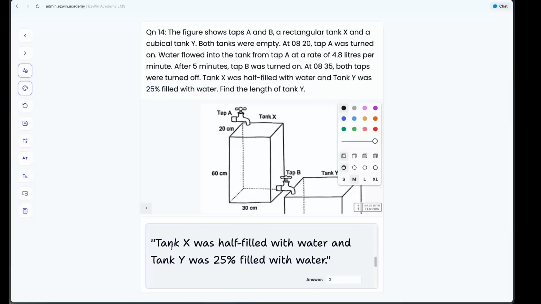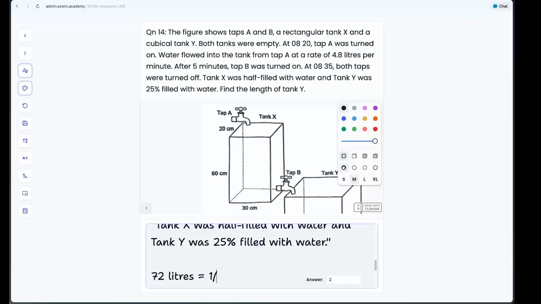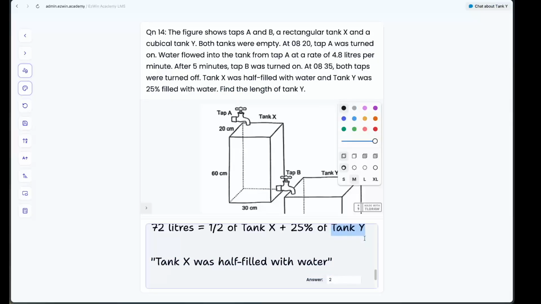So the total water will be tank X half filled and tank Y 25% filled, which means half of tank X plus 25% of tank Y. So this is what we need to know. Then we can find out tank Y from here. Then we can solve because tank Y is a cubical tank.